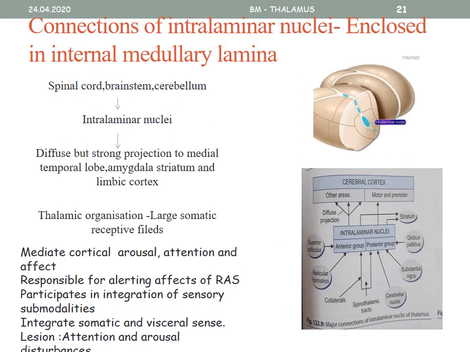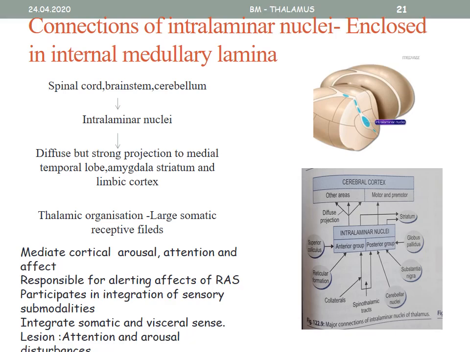Connections of intrathalamic nuclei, which are enclosed within the internal medullary lamina, includes fibers coming from spinal cord, brainstem and cerebellum, and they are diffusely projected to the medial temporal lobe, amygdala, striatum and limbic cortex. They have a thalamic organization.